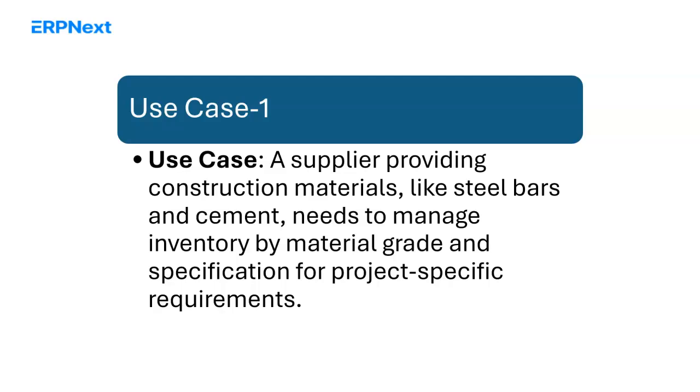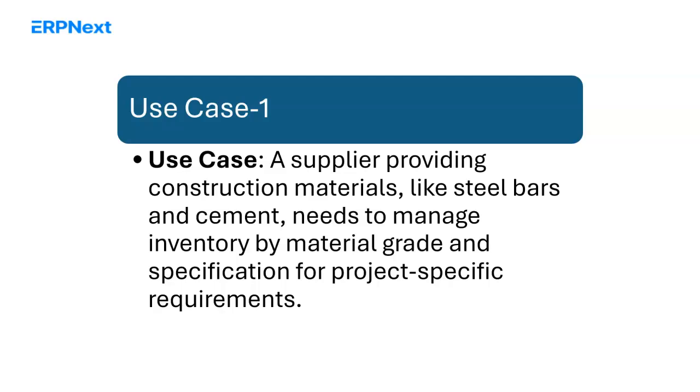So this is a use case where, like in the construction industry, we can track a product by the grade and the specification so as to get proper project profitability. Similarly, with ERPNext, we can set up the grade and the specification as inventory dimension instead of creating a separate item code for each grade and specification.